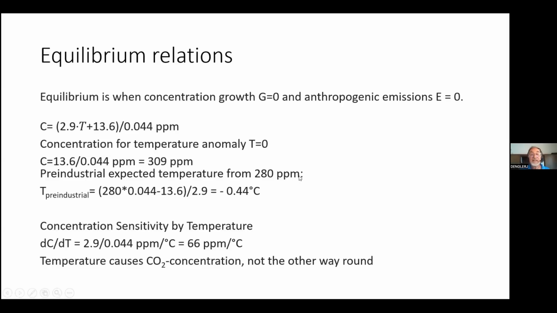And the pre-industrial expected temperature from 280 ppm would correspond to minus 4.4 degrees, but that's not really Celsius, that's the temperature anomaly.